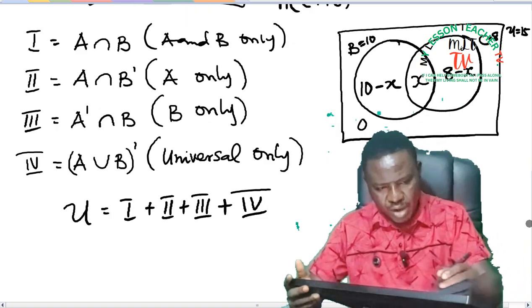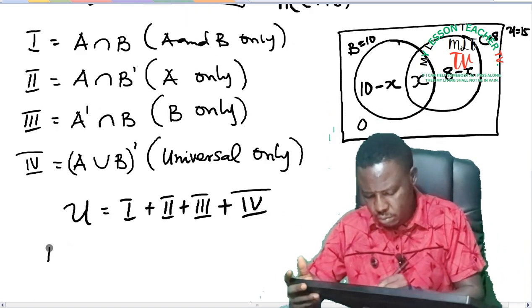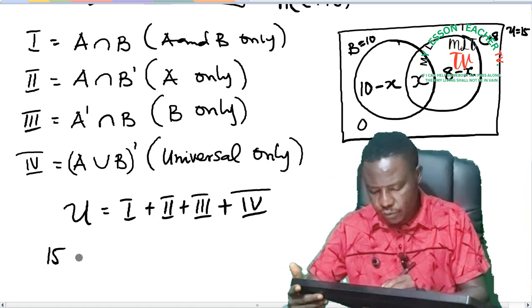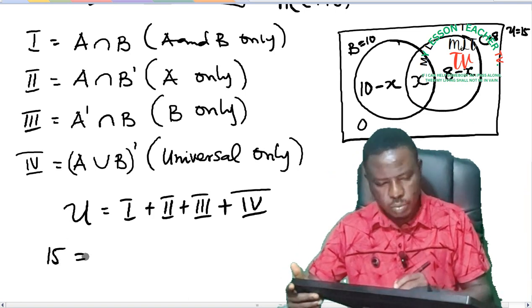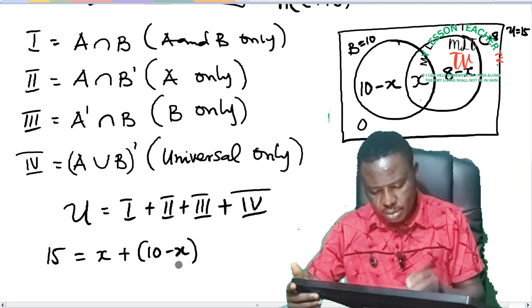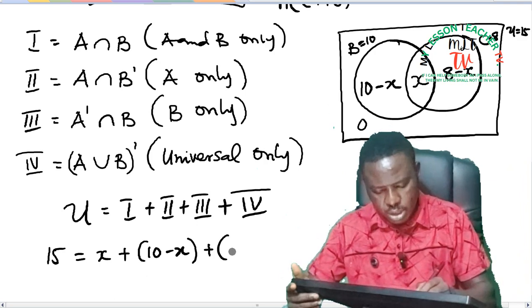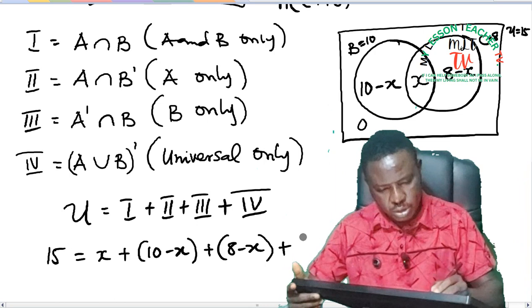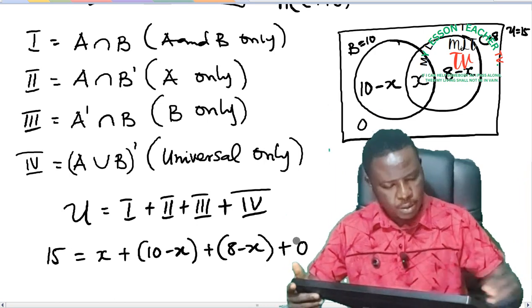In this case, the universal set is 15. So 15 is equal to region 1, which is x, plus 10 minus x, which is region 2, plus 8 minus x, which is region 3, plus 0, which is region 4.